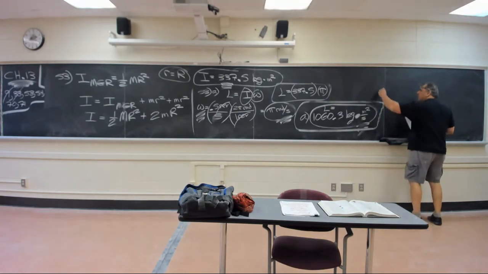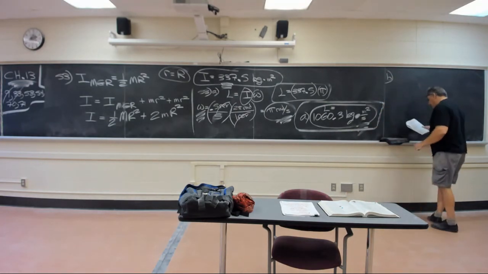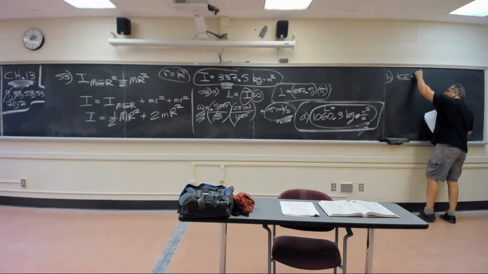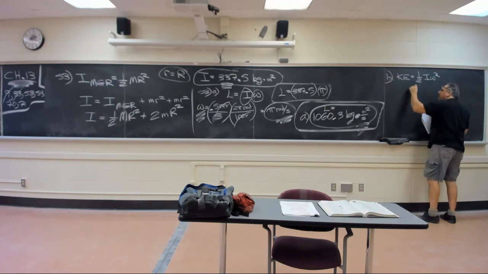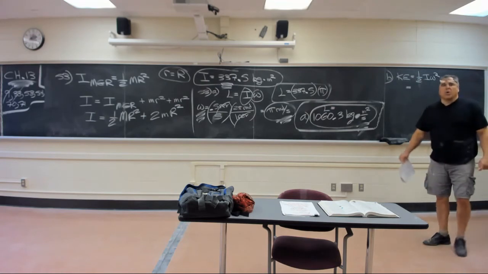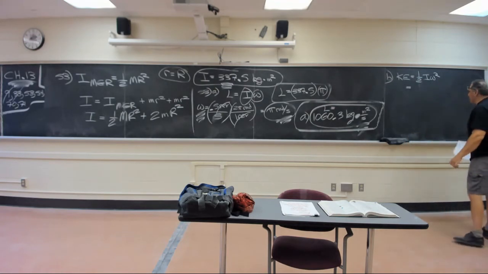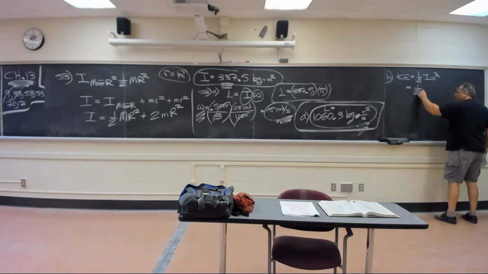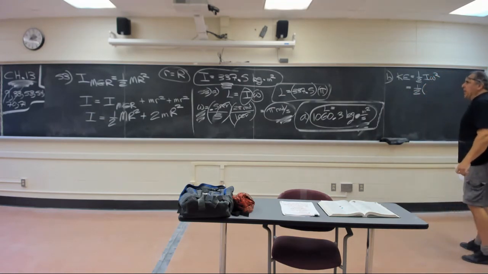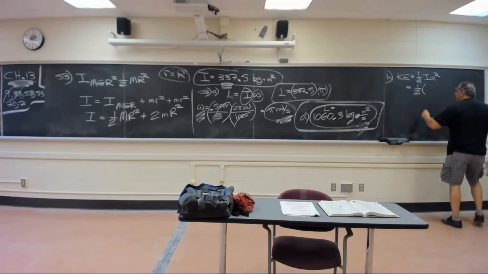So, for B, we know this. We've been there. The hardest part of doing this stuff is just sitting down and doing it. We already know where we're going to go: 1/2 I omega squared. That's 337.5.